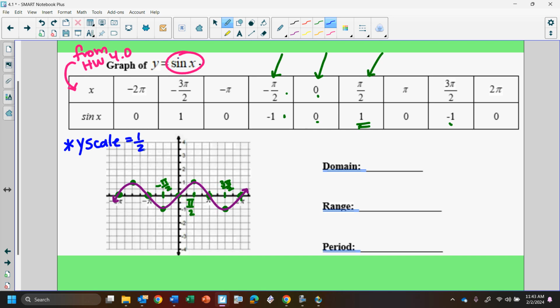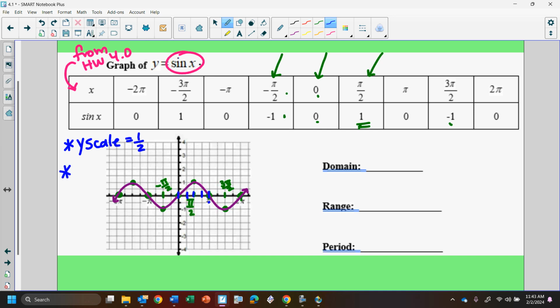Harder question for you. What do the x tick marks or x boxes count by? 4. There's 4 of them to make a pi. Give me radians. Instead of 45, pi over 4. So notice here, this is pi.